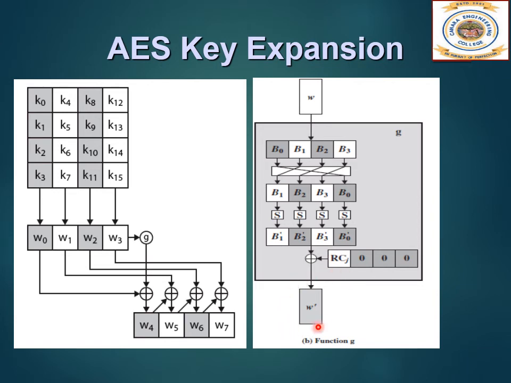Then we get the new word, that new word is W4. Then we get that new word by XORing with this, and we get this W dash, that is W4, W5, W6 and W7. Now what is this RC of j, how RC of j is obtained, we will see in detail now.